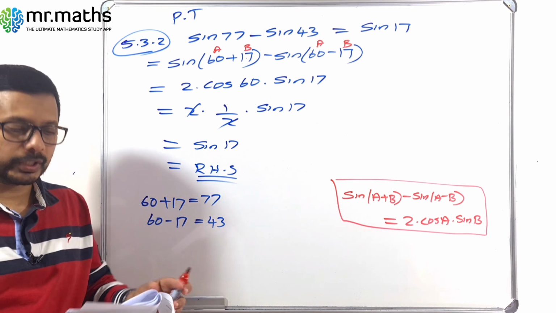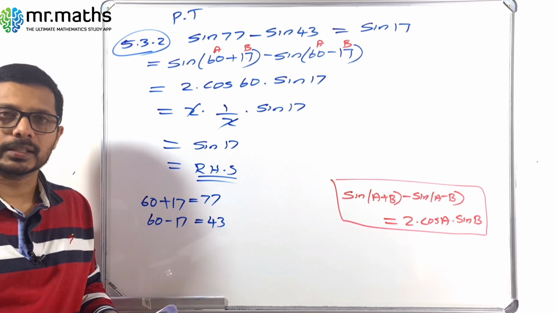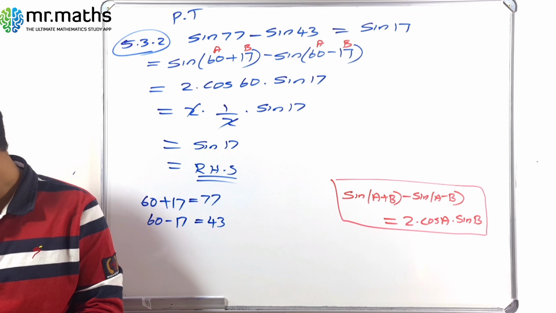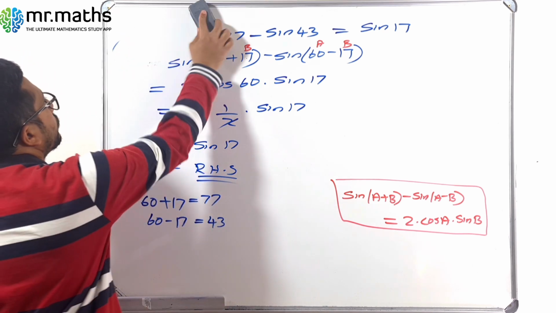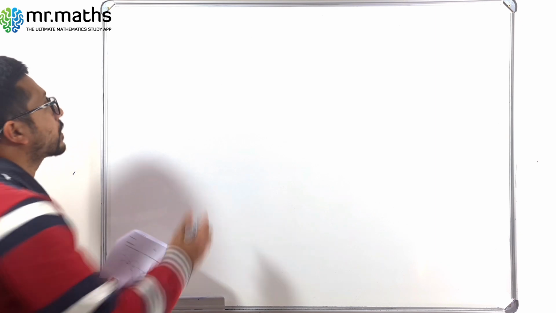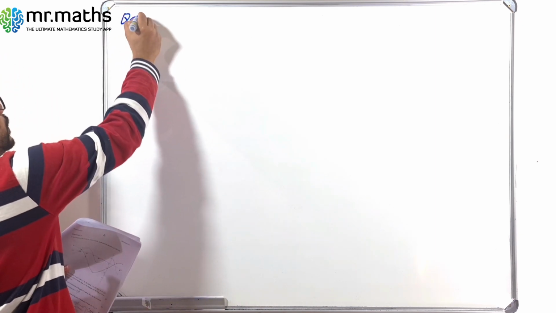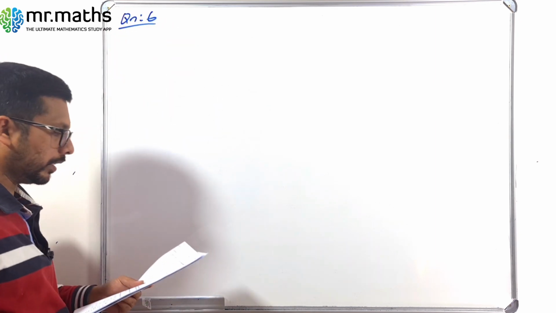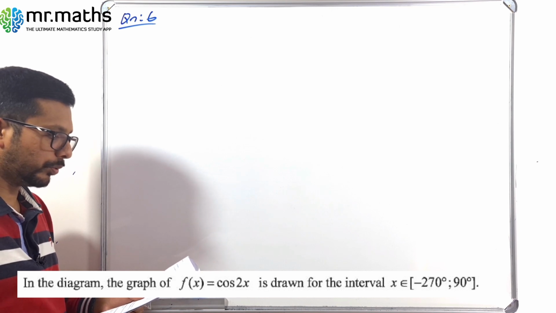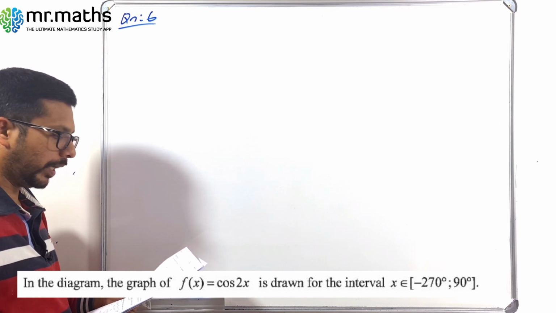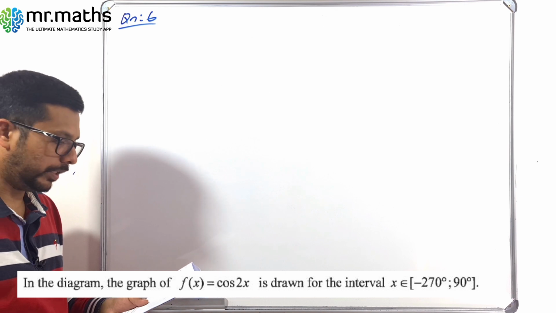Now let's move to the next question, question number 6. What is that question? In the diagram, the graph of f of x is equal to cos 2x is drawn for the interval minus 270 to 90.